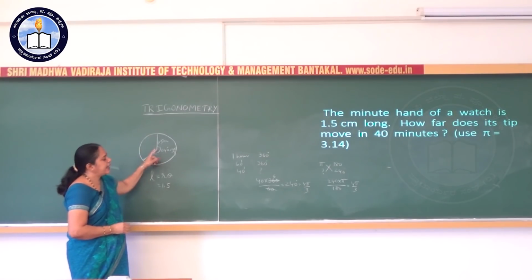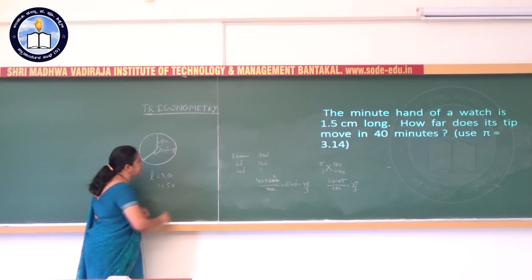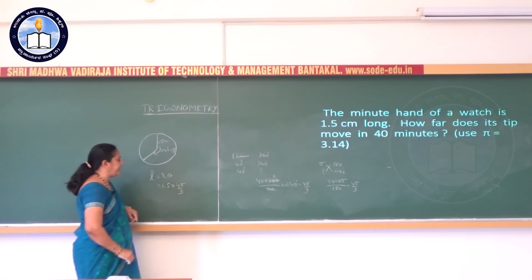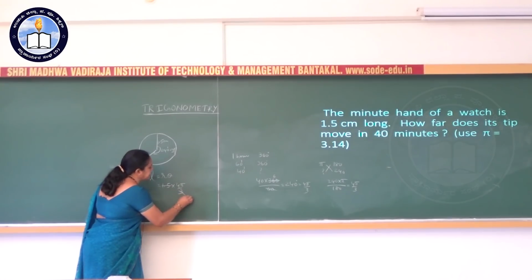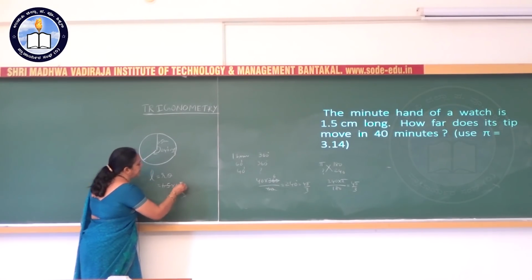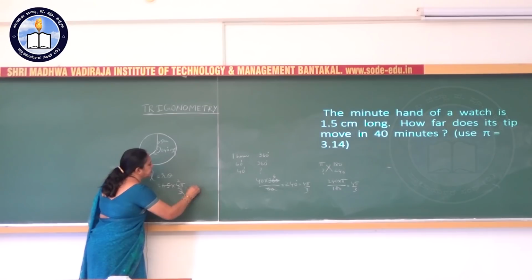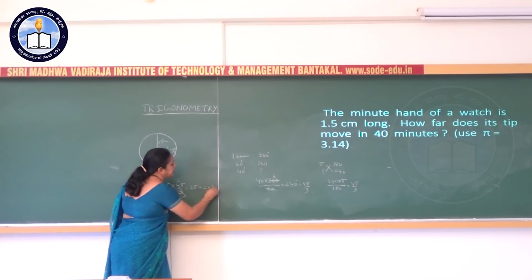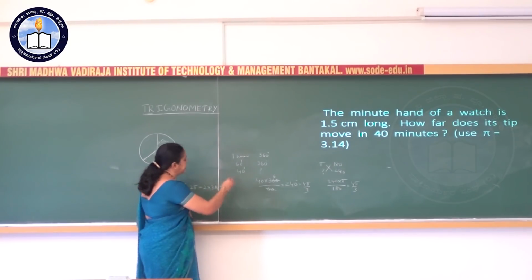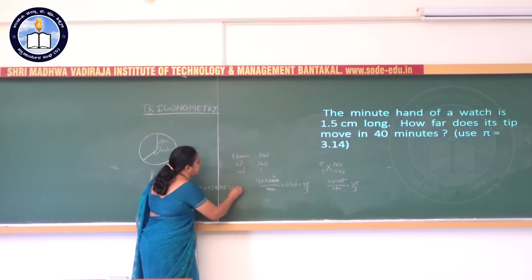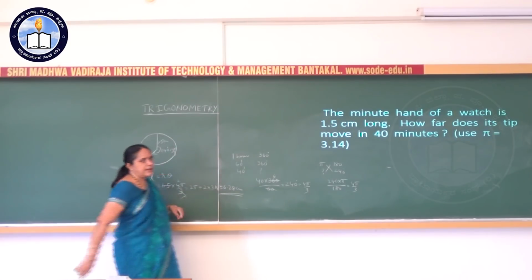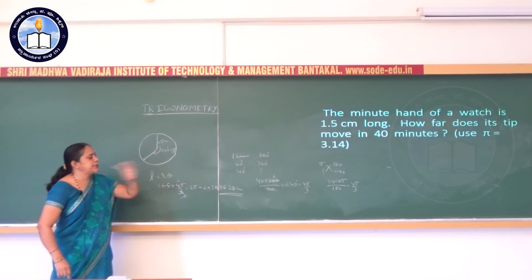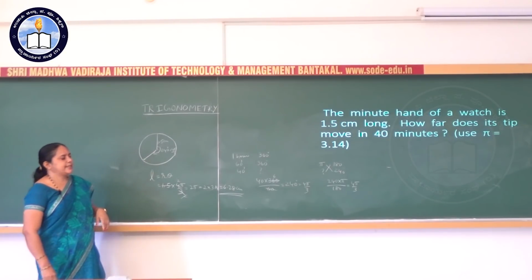Radius is 1.5, into theta, the central angle, 4 pi by 3. 1.5 into 4 by 3, that is 2. That's equal to 2 pi, or the same as 2 into 3.14. It's equal to 6.28 centimeter. Therefore, the length of the arc is equal to 6.28 centimeter.